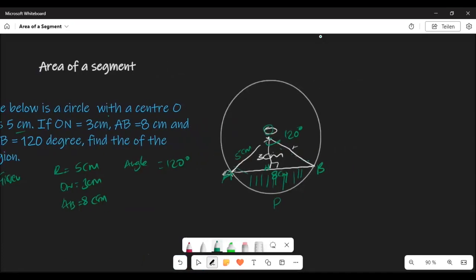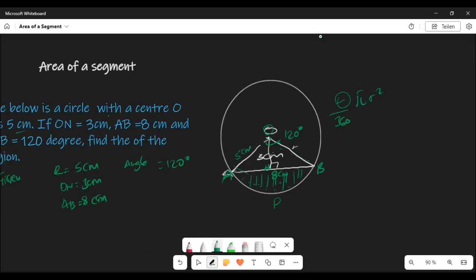So how do we find the area of the segment? Normally we look for the area of the sector, this is OAPB, and then subtract the area of the triangle, and then we'll remain with the area that we're looking for. In the previous video, we looked at the method to get the area of a sector: theta over 360 pi r squared.